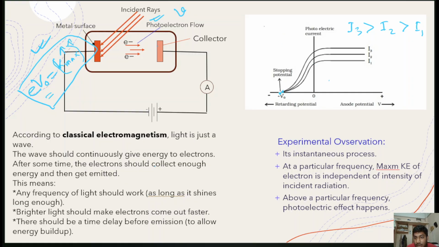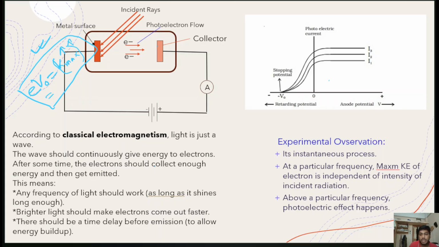For I1 it would be at this point, for I2 at this point, for I3 at this point. But according to the experimental graph, the stopping potential is not increased. Classical theory does not explain why it happens.